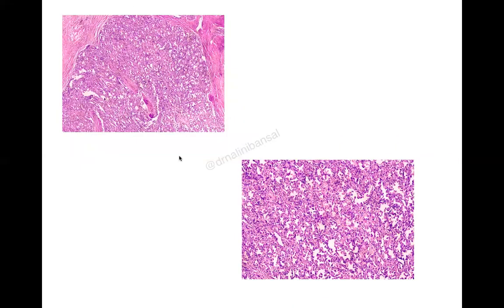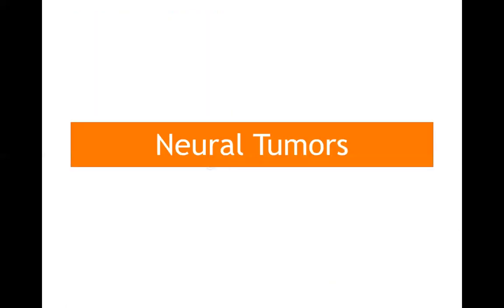Another variant is alveolar rhabdomyosarcoma, which is called alveolar because it shows a pattern reminiscent of the alveoli of the lung. The cells are arranged at the periphery, and you have a central lumen-like area. This kind of arrangement is called an alveolar arrangement, and this is seen in cases of alveolar rhabdomyosarcoma.